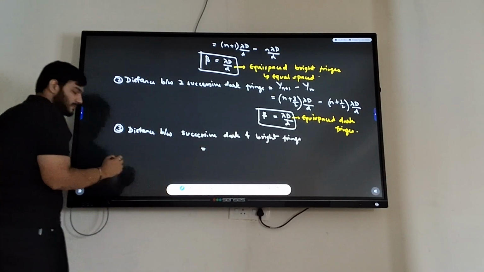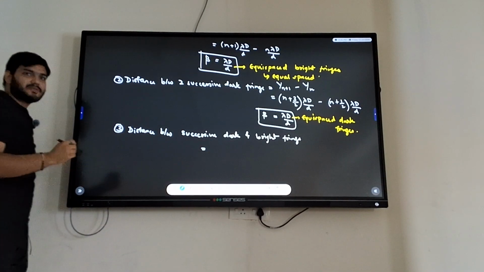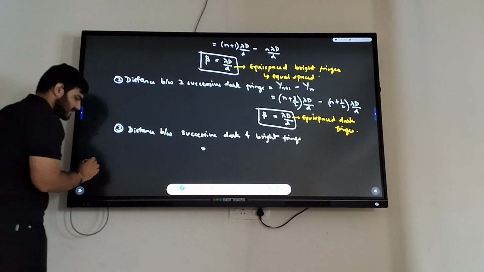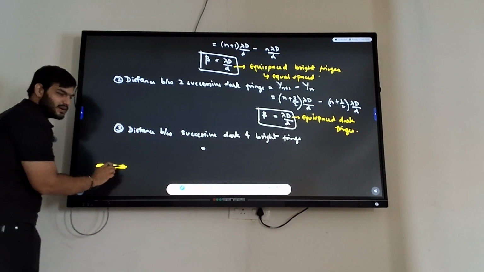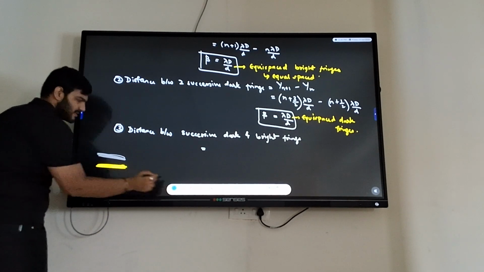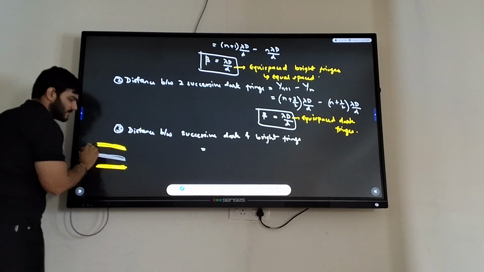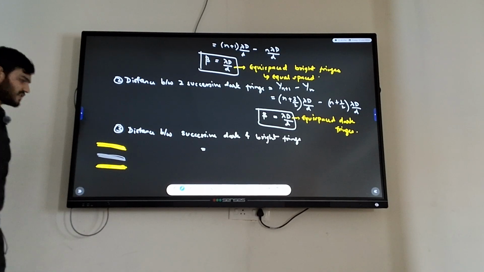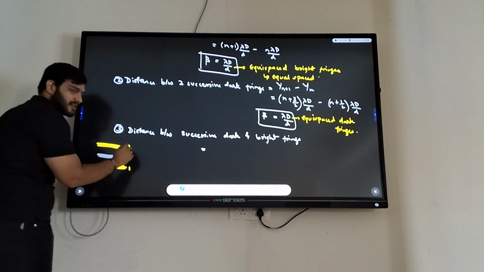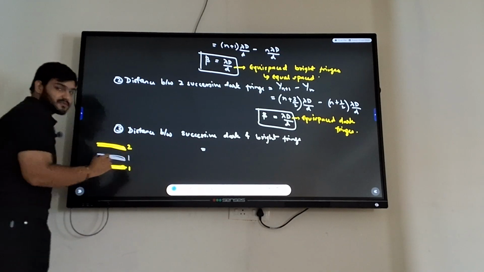First, dark fringe means minimum intensity, that will be a dim spot or maybe a dim line. So I'm just showing by yellow color bright and then by gray color dark. So it will be something like this. Let's say this is my first bright fringe, this is my second bright fringe, this is my first dark fringe.